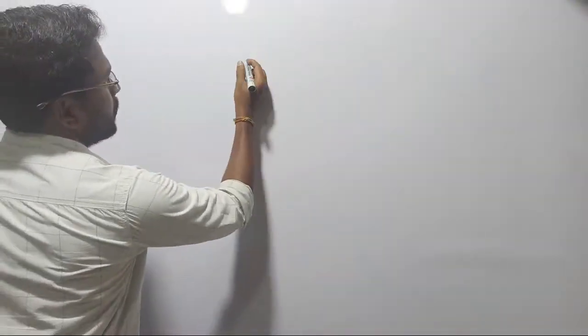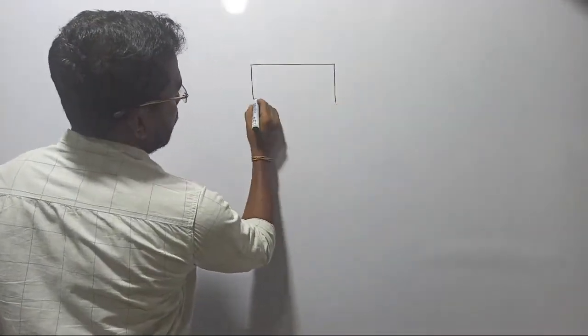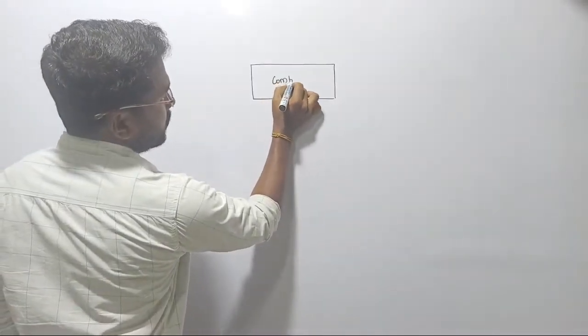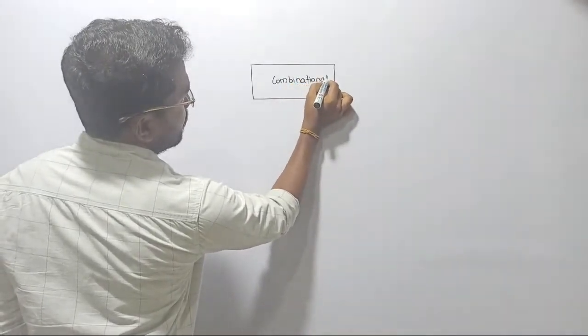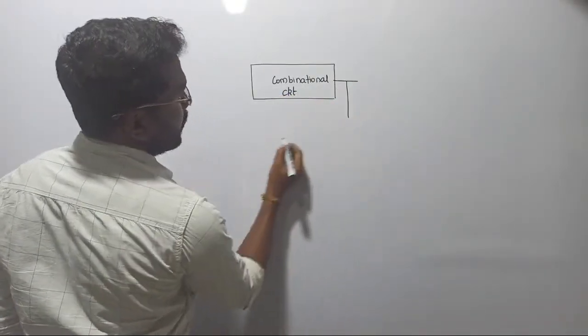So let's start our journey from the beginning, right? I said sequential circuit in the sense, we have to consider a combinational circuit with many inputs and many outputs, right? So this is going to be our combinational circuit, right? With this we are going to connect a feedback.